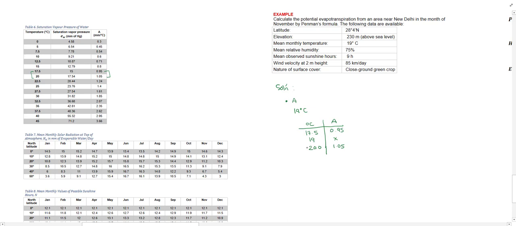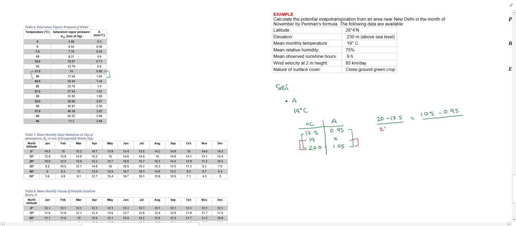So we start first from here going to this value. So, 20 minus 17.5 equal to 1.05 minus 0.95 over, then the next one would be 20 to 19, or 1.05 to x.